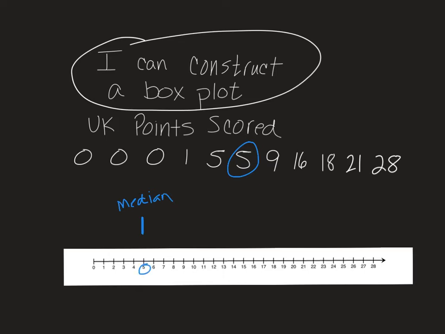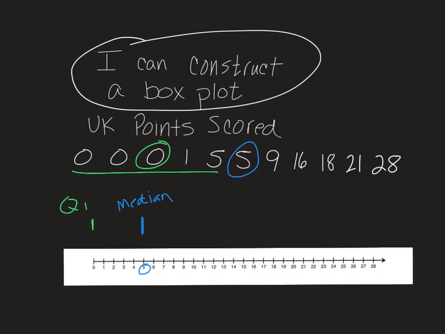Then you'll recall that we found the lower quartile, or the Q1, and that is the median of the lower half of numbers. So that is going to be 0. So I'm going to make another little portion of the box right there. I'm going to label that Q1.